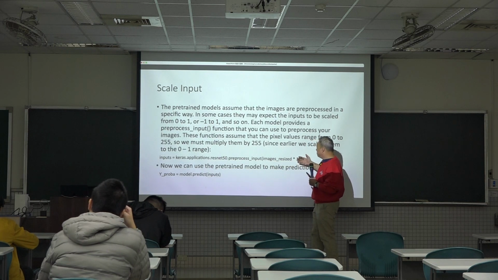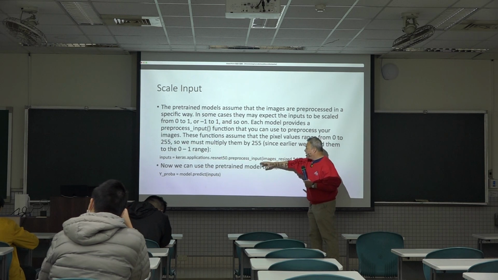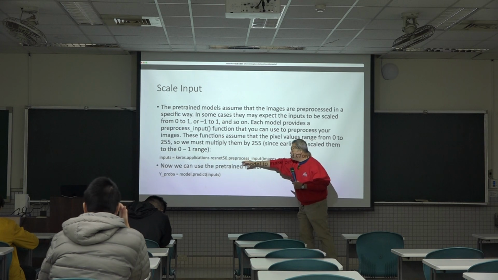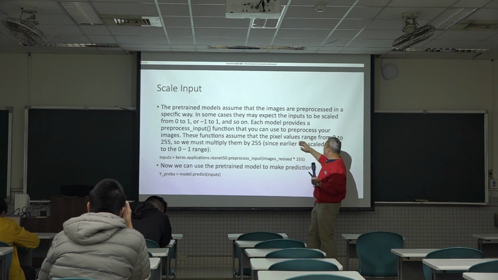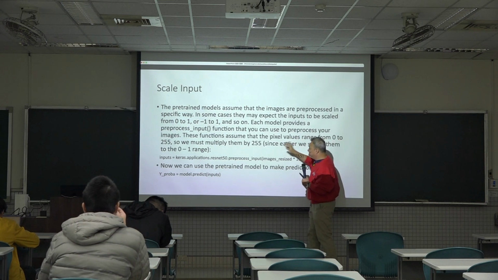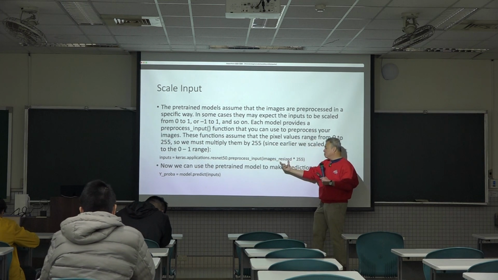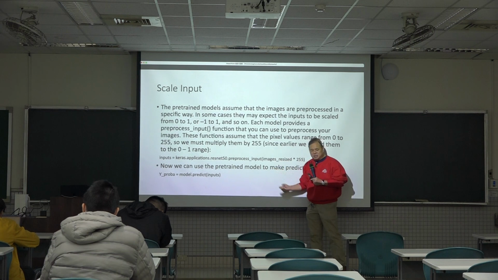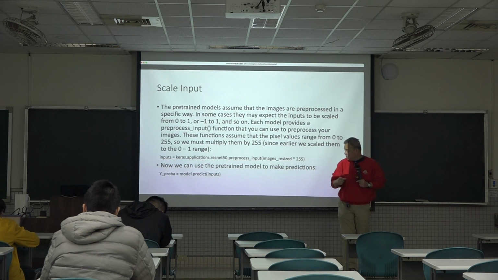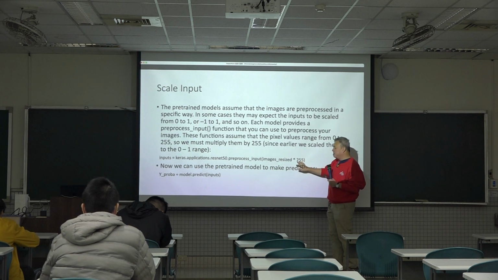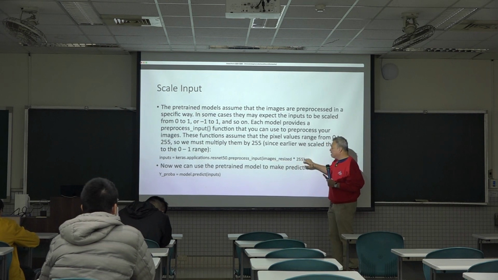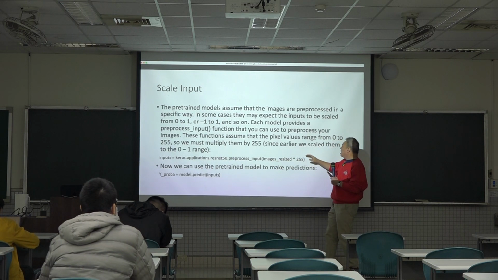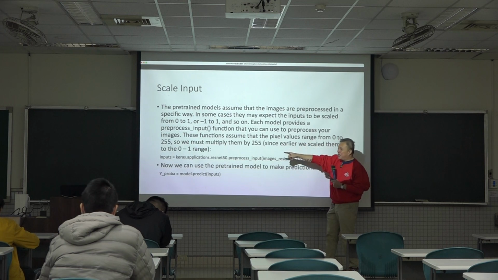Originally, this preprocess_input expects pixel values from 0 to 255. After the image is resized, the original image values are between 0 and 1, so we multiply by 255 to make sure each pixel in the image has a value from 0 to 255.